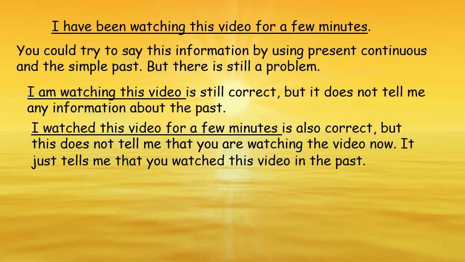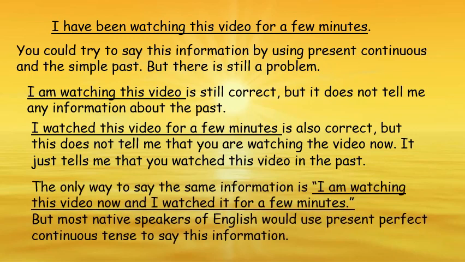I watched this video for a few minutes is also correct, but this does not tell me that you are watching the video now. It just tells me that you watched this video in the past. The only way to say the same information is, I am watching this video now and I watched it for a few minutes. But most native speakers of English would use present perfect continuous tense to say this information.